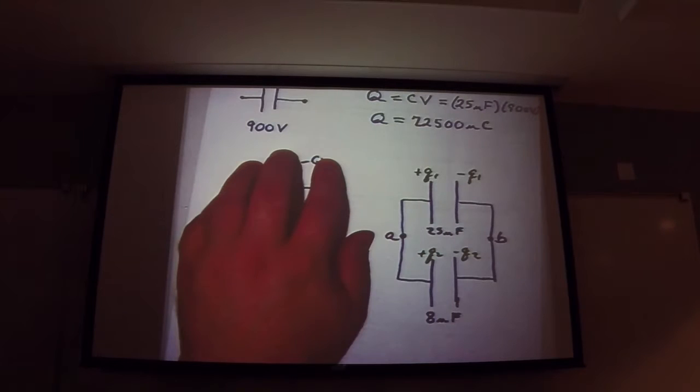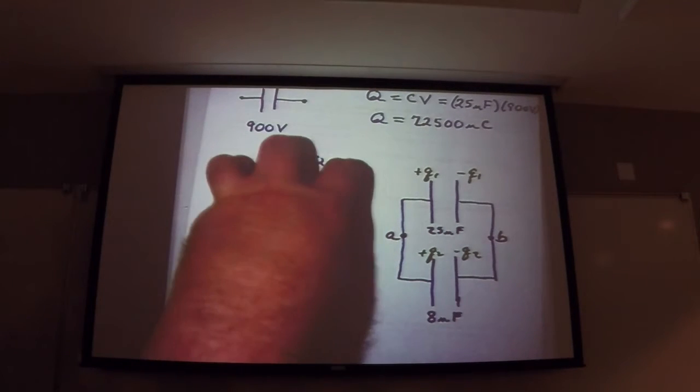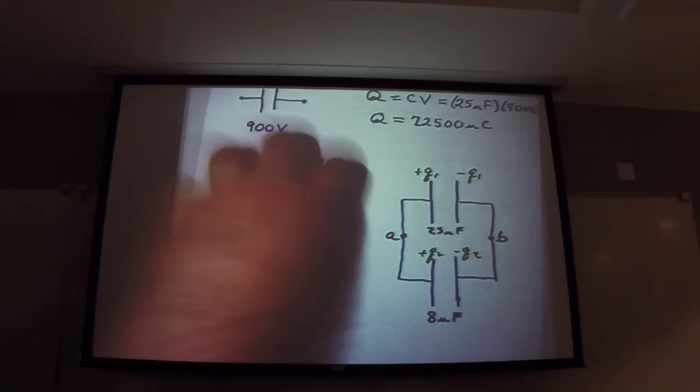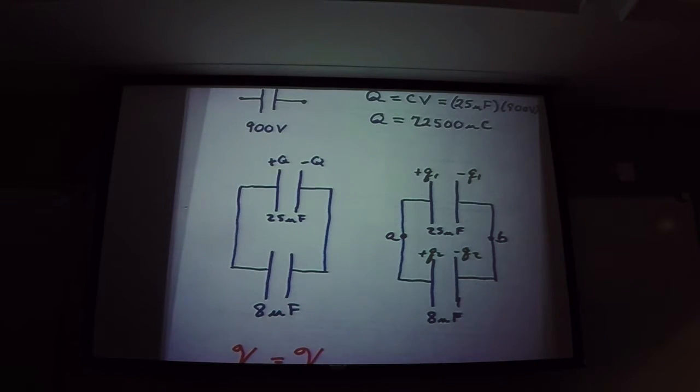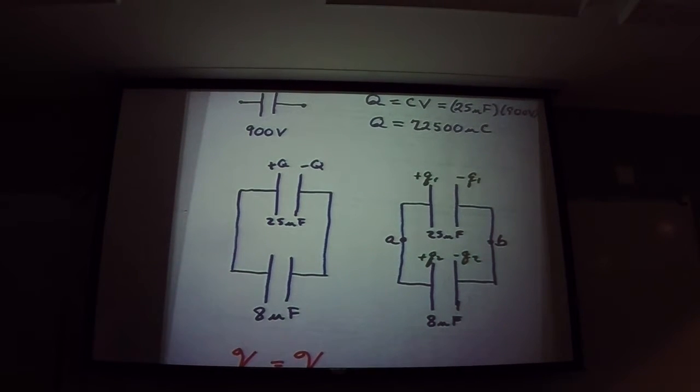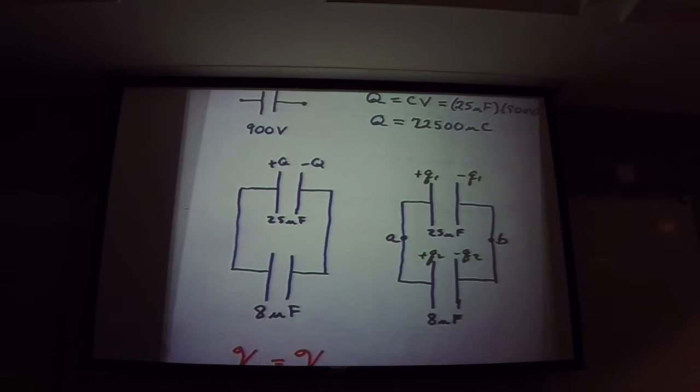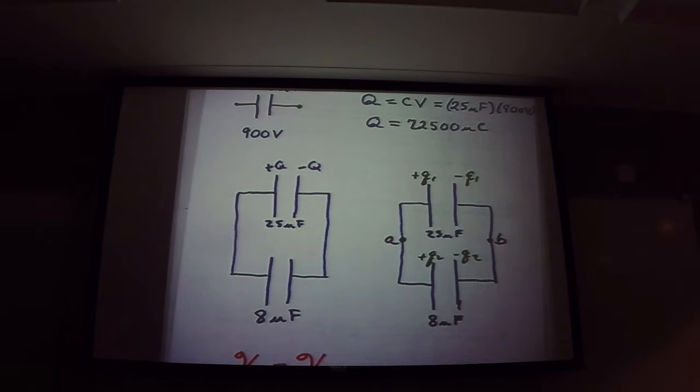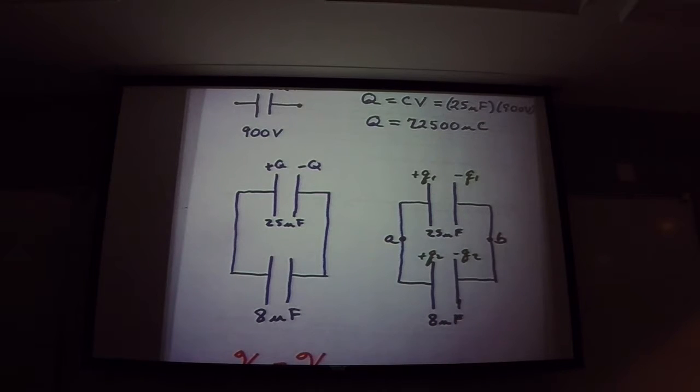Before it redistributes, how much charge is stored here? 22,500 microcoulombs. Everybody see that? After it redistributes, how much charge is stored? Same amount. And here's why: there's nowhere for it to get any other charge.